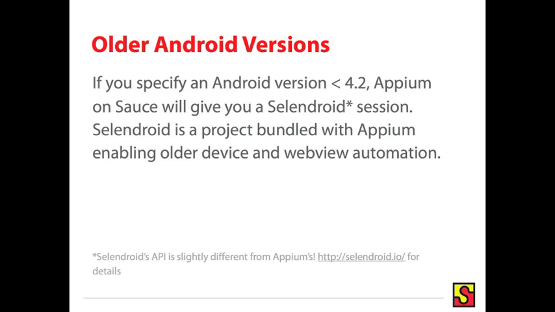Now, this doesn't matter a whole lot, but you need to be aware that Selendroid's API is slightly different from Appium's. So most of what I'm presenting in this talk is the API that Appium uses. And if you run into a problem with any of these commands while using Selendroid, you'll just want to take a look at Selendroid's webpage to check whether the command might actually have a slightly different invocation for Selendroid.